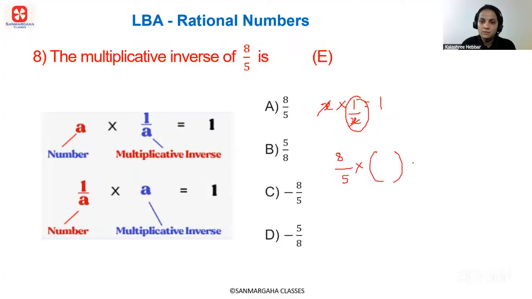We have to multiply it with some number to get the answer as 1. So what is that number? That should be 5 by 8. When we multiply 5 by 8 with 8 by 5, 1 is the answer. So the correct option is B, that is 5 by 8.